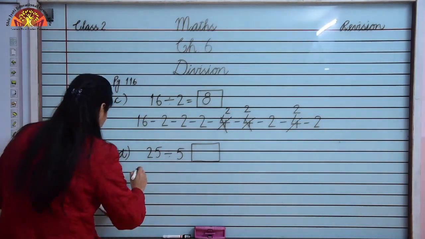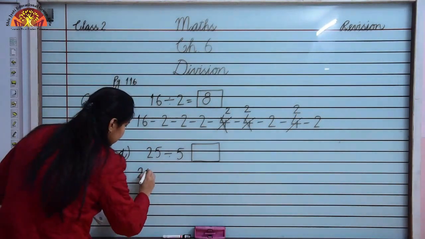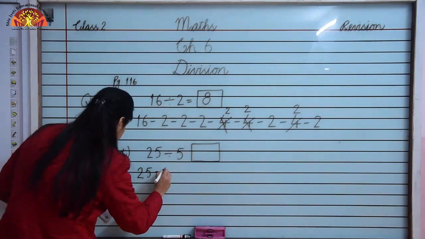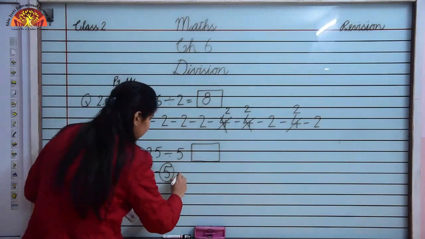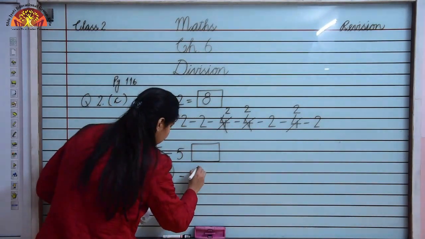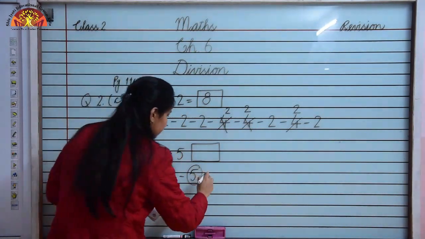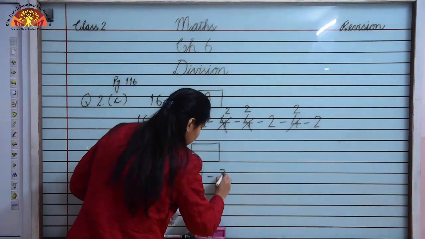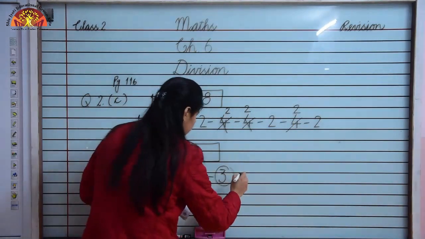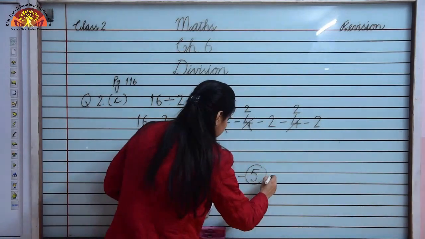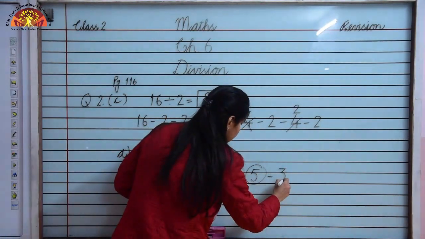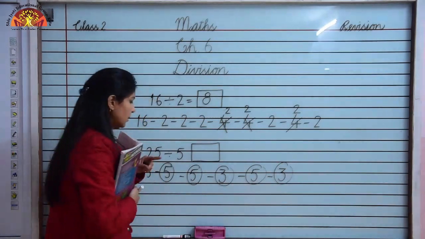So 25 minus 5 is written here. Then again 5 is written. Then minus 3, minus 5 and minus 3. So 3 is the wrong number here.